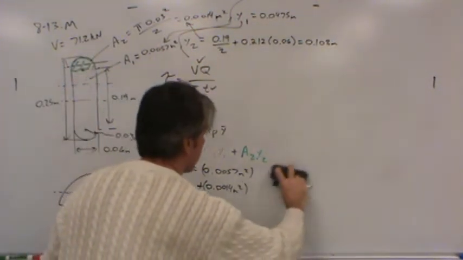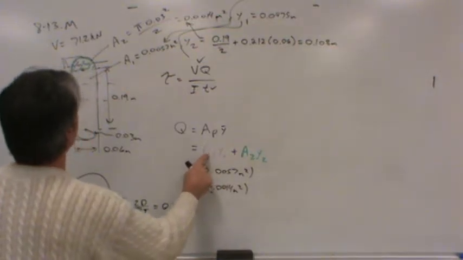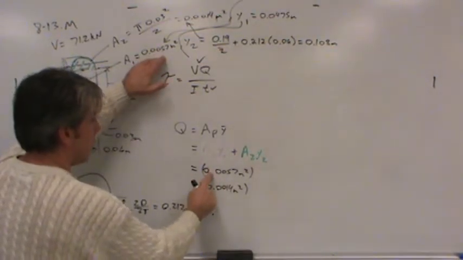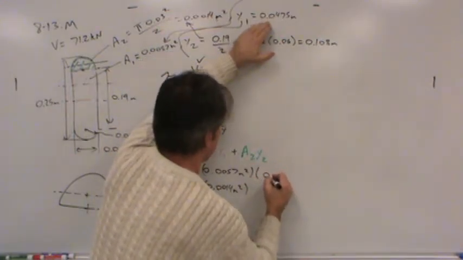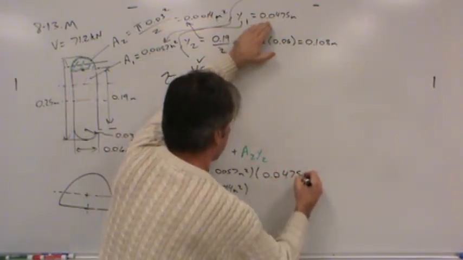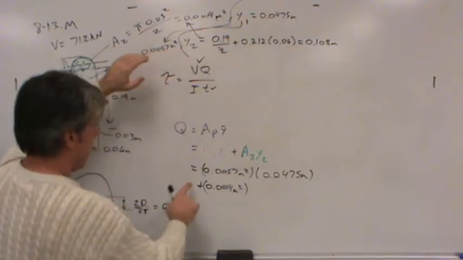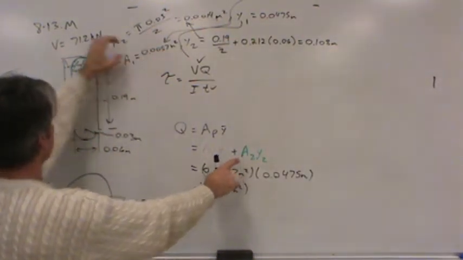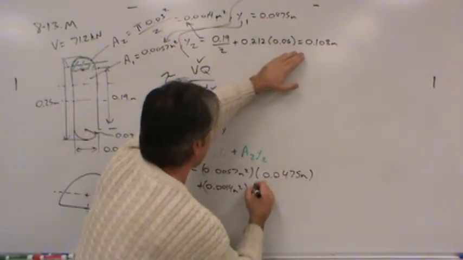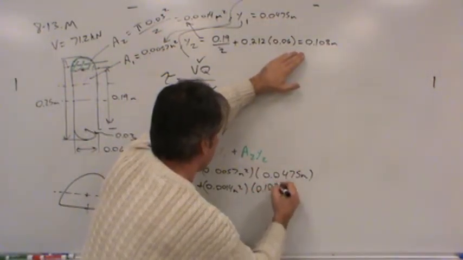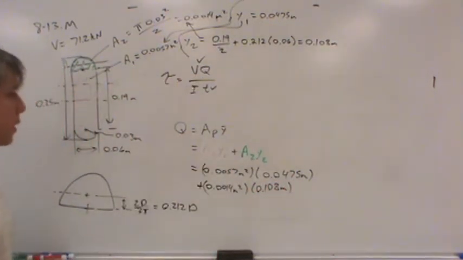Let's try again. All right, so I need A1, which is this, multiplied by Y1. Yeah, that makes more sense. 0.0475 meters. And then A2, which is in fact this area, and the distance to that area is this. So times 0.108 meters. Okay.